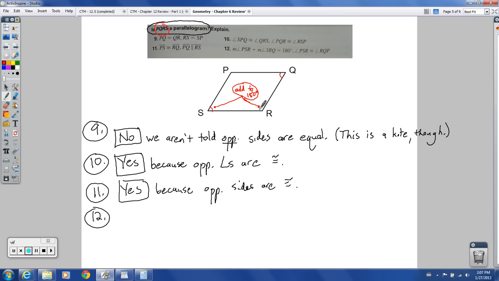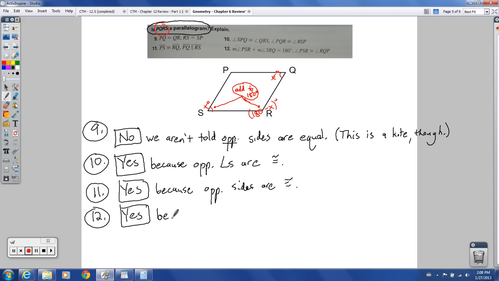So whatever this is, if you generalized it, if you said this was X degrees, this would also be X degrees, and if it's adding to 180, this one would have to be 180 minus X degrees. Therefore, these two are supplementary, these two are supplementary, and so this one's another yes, because if you pick an angle and it's supplementary to both of its consecutive angles, then you have a parallelogram.